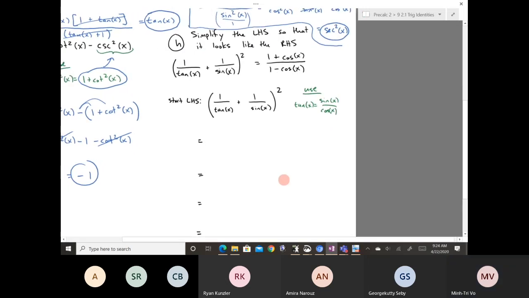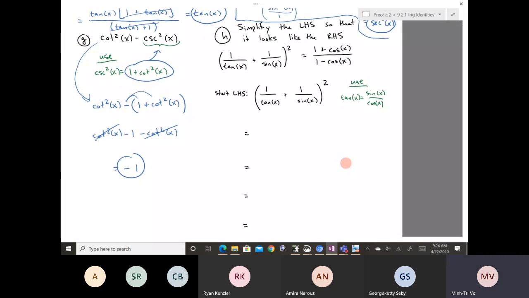Okay. But this is 1 over tangent, right? So that means that 1 over tangent is the reciprocal. So to save some space, I'm just going to do this at once.